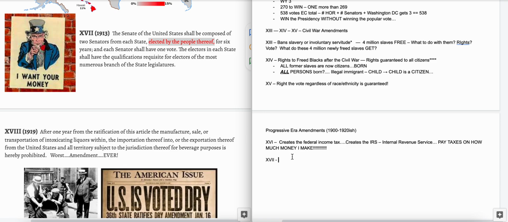This said, we call this people directly elect their senators, meaning people vote for their senators, not appointed by the government, which is good, which means we have the choice. We choose our senators.